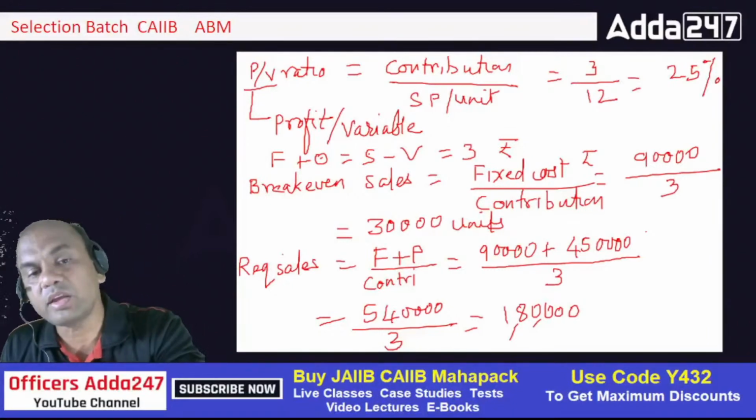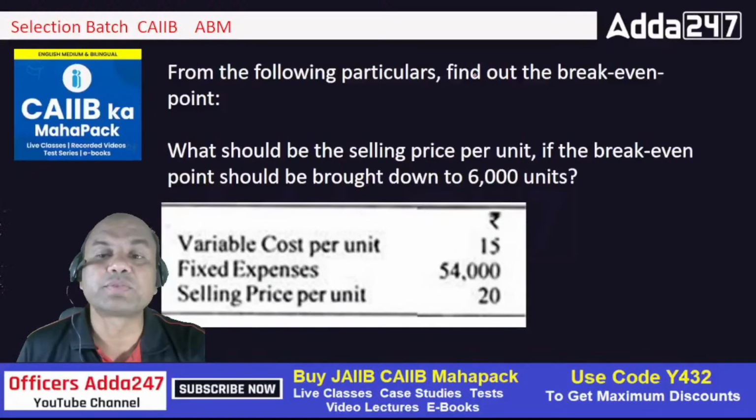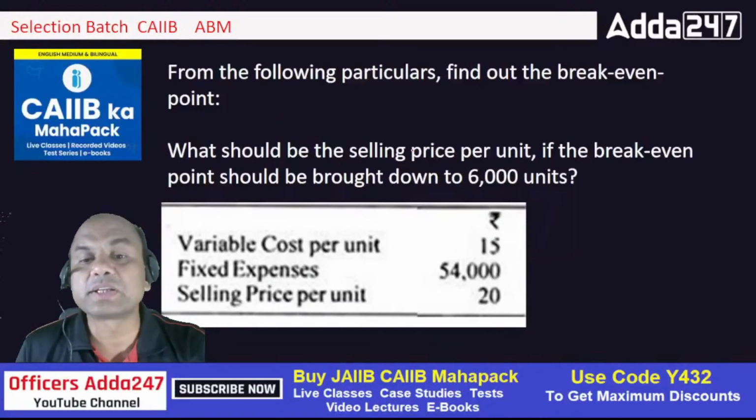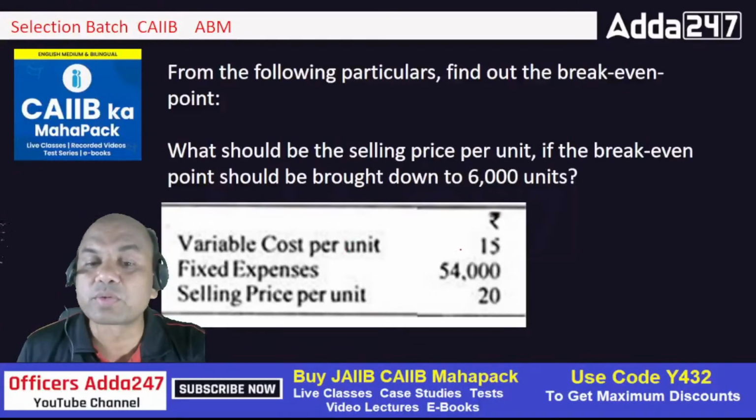Okay. So next problem. From the following particulars, find the break-even point. What should be the selling price per unit if the break-even point has to be brought down to 6,000 units? So what is given? Variable cost is given as rupees 15.